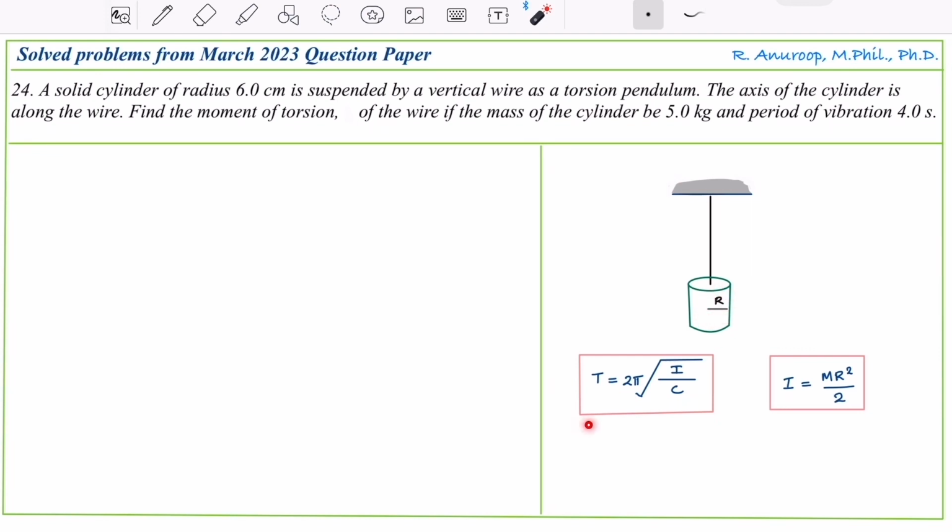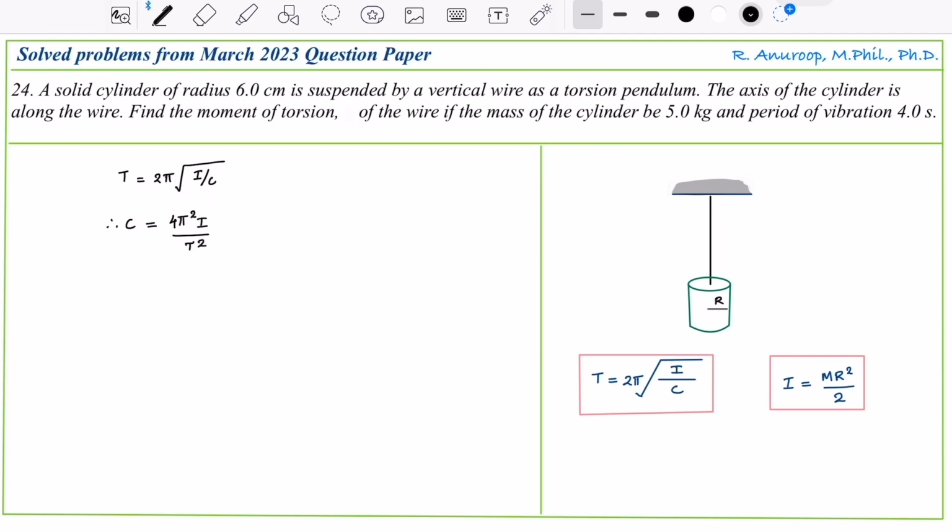The period of oscillation of the torsion pendulum is 2 pi into root of I by c. I is the moment of inertia of the cylinder about its axis, and that is equal to mr square by 2. In the present problem, the moment of the torsion is asked, that is nothing but the couple per unit twist. So T is equal to 2 pi into root of I by c, from which the couple per unit twist C is equal to 4 pi square I by T square.